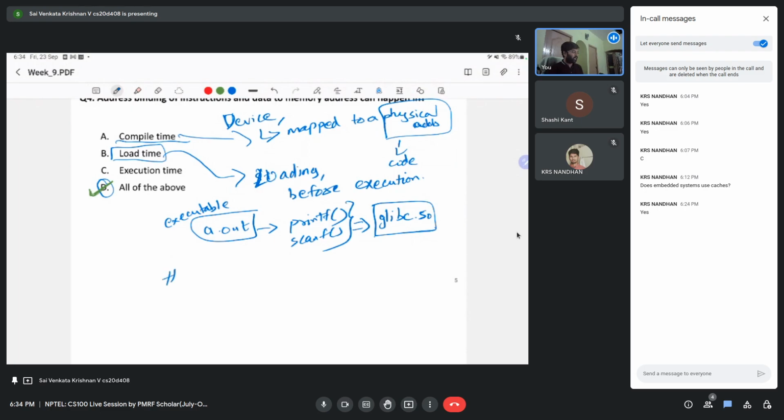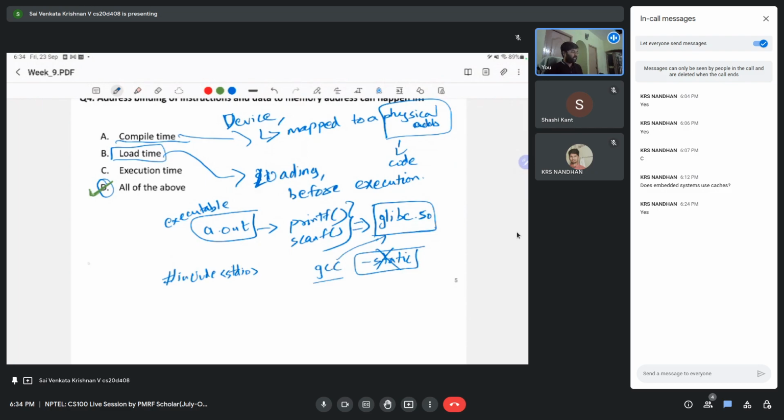So if you do #include stdio, and you are using some function in glibc like that, and you are using the shared library while compiling, if you don't give the option -static, then it will by default use the shared glibc library.